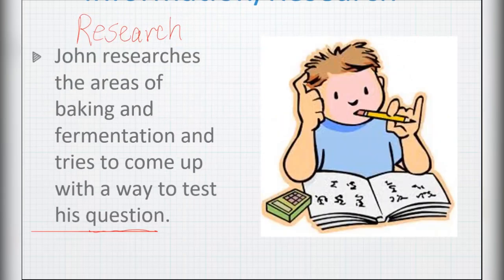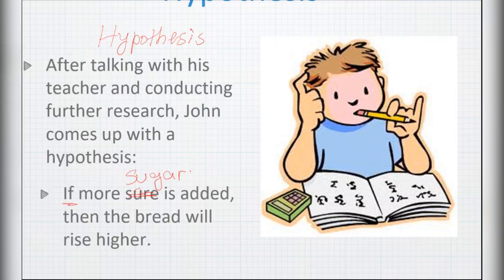John researches the areas of baking and fermentation and tries to come up with a way to test his questions and hypothesis. Here, questions means hypothesis, which he would test by conducting an experiment. John came up with a hypothesis.